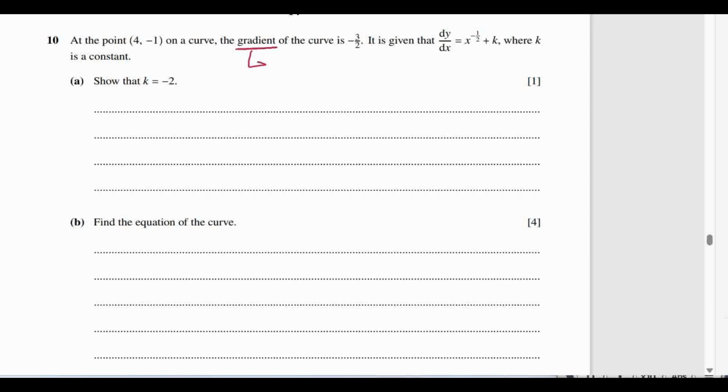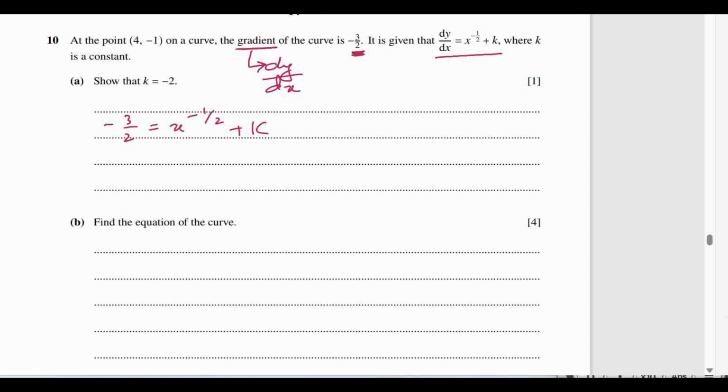Gradient means dy by dx. For a curve, this will be dy by dx. Okay, gradient is equal to this thing and the value of dy by dx is given. So it means that minus 3 by 2 is equal to x power minus 1 by 2 plus k.